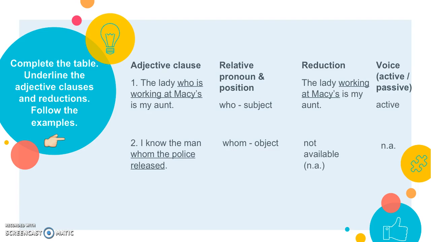Look at example 2. I know the man whom the police released. The police released the man, so whom replaces the object. When we have an object, there is no reduction and voices available.